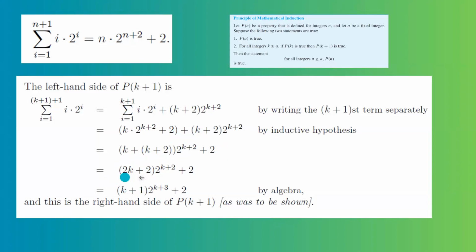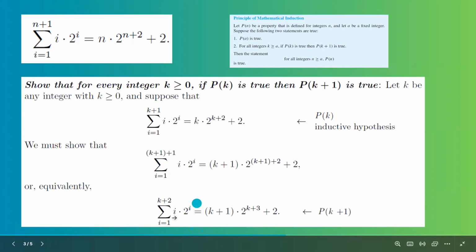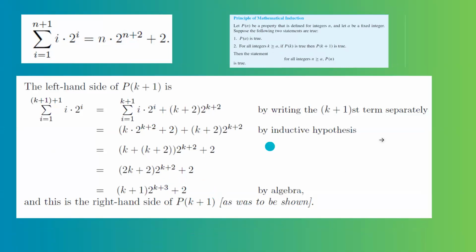If you factor out 2, you get k plus 1 times 2 times 2 to the power k plus 2, which is 2 to the power k plus 3, and you have a constant 2, which is basically the right-hand side. Let us take a look at our previous page. We were trying to show that the summation of i from 1 to k plus 2 of i times 2 to the i is k plus 1 times 2 to the k plus 3, plus 2, which is what is shown here in the last step.